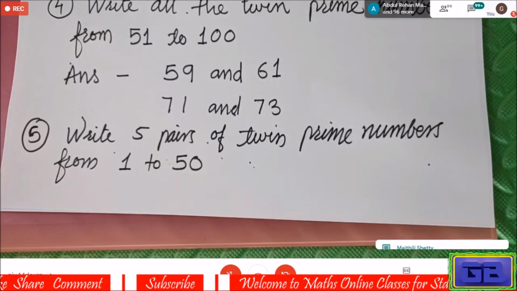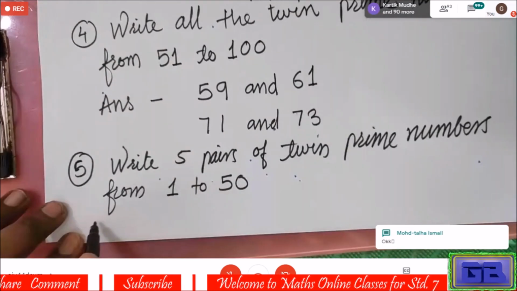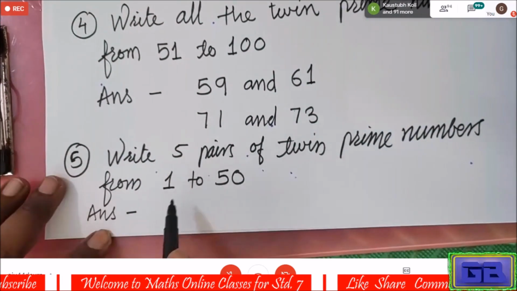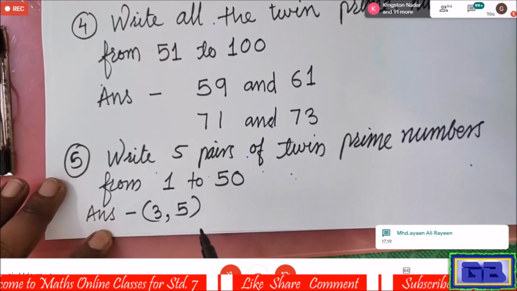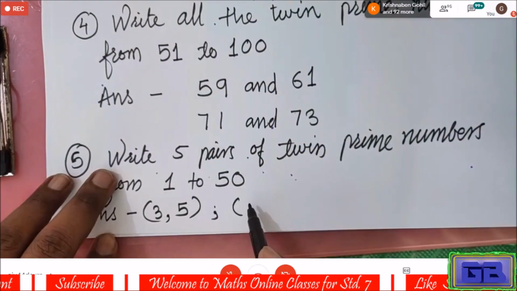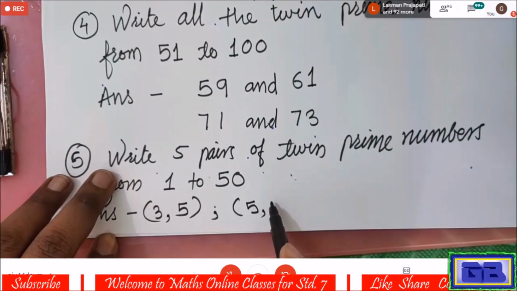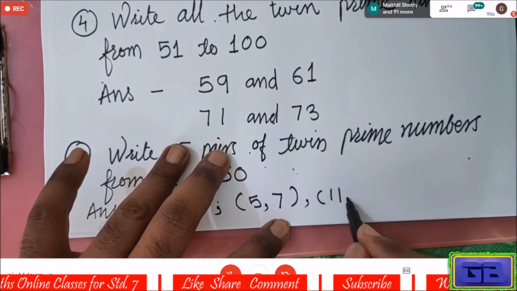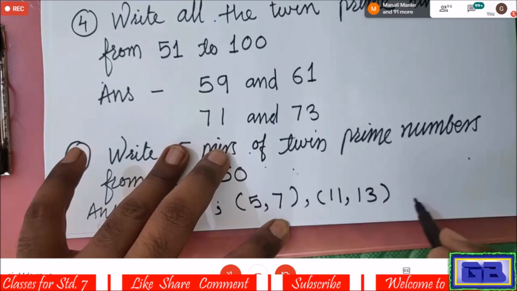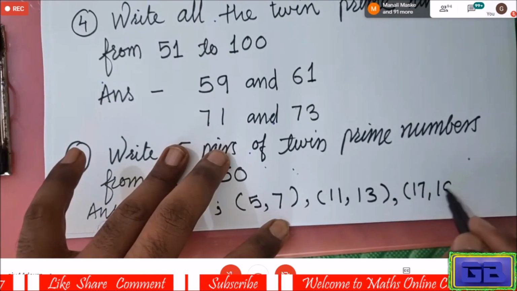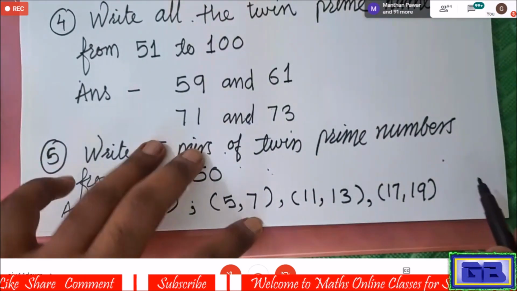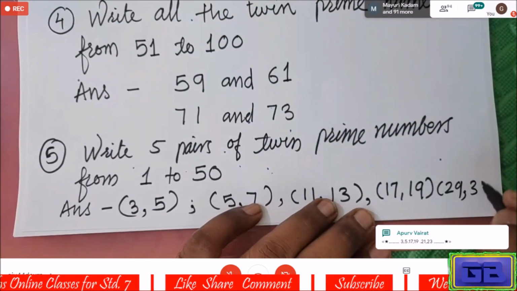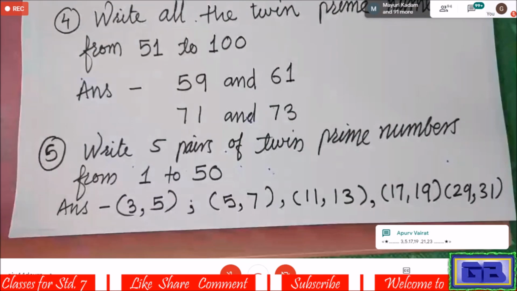Sir, 5 and 7. Write down answers. 3, 5; 5, 7; 11, 13; 17, 19; 29, 31.